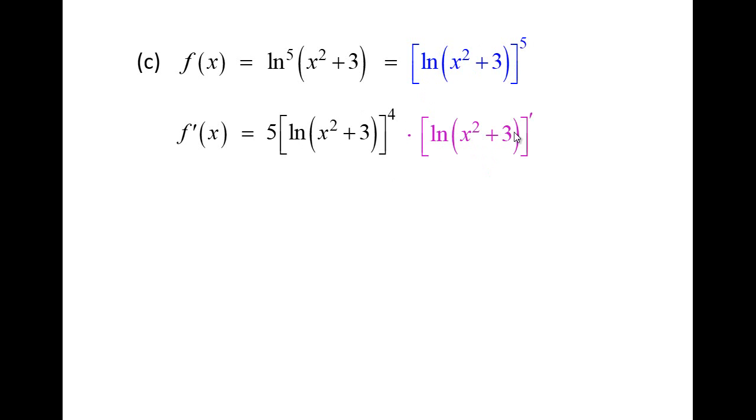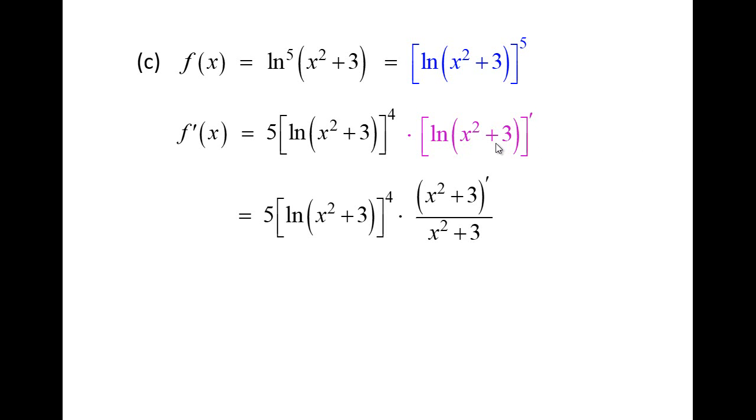Now, what's the derivative of this quantity? Well, by one of the formulas that I wrote down, one of the three, the middle one implies that this is the derivative of x squared plus 3 divided by x squared plus 3.